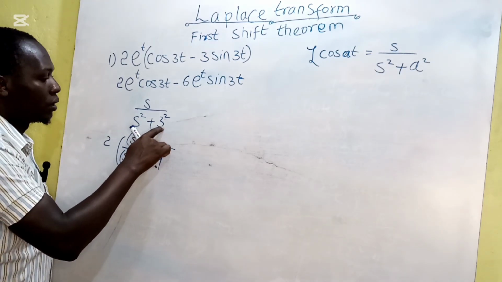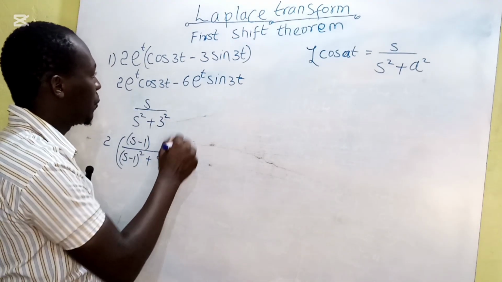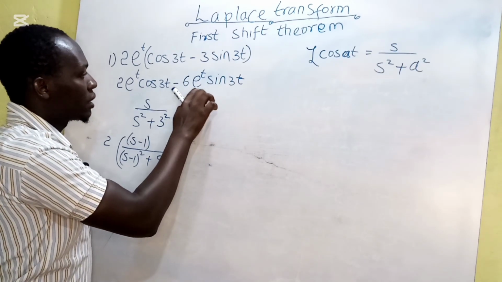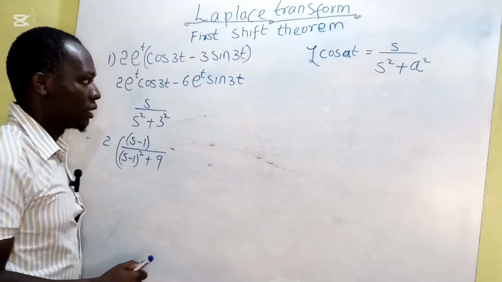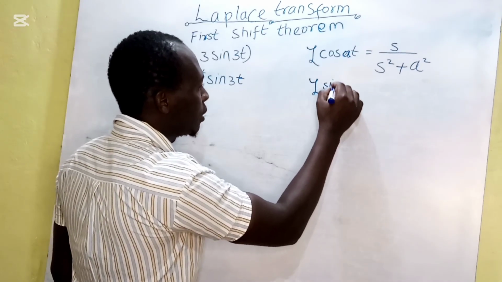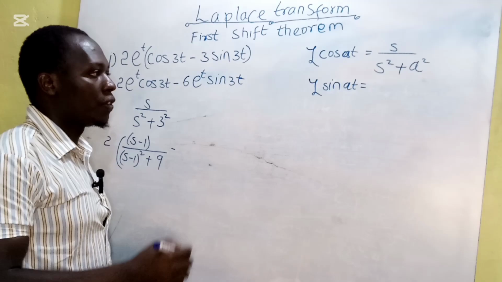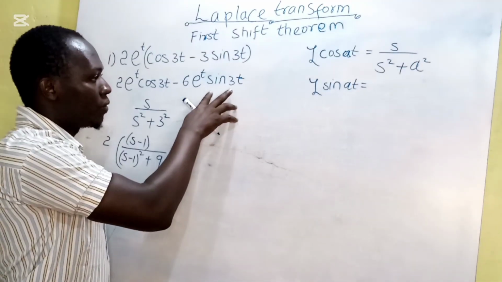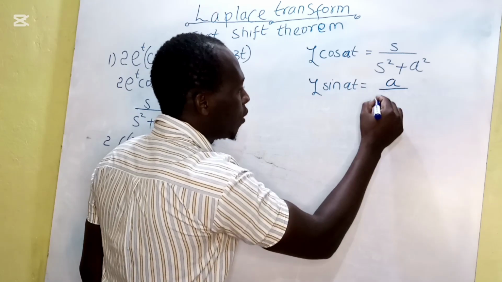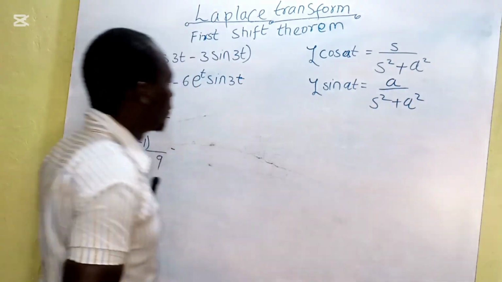because of 3 squared. Now let us get into this side. We are going to have, we subtract from 6 exponential t sine 3t. We understand that the Laplace transform of sine at, from the formulas that we deduced previously, is a all over a squared we add to a squared.